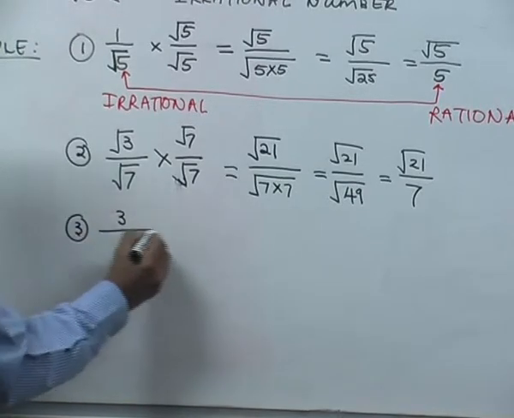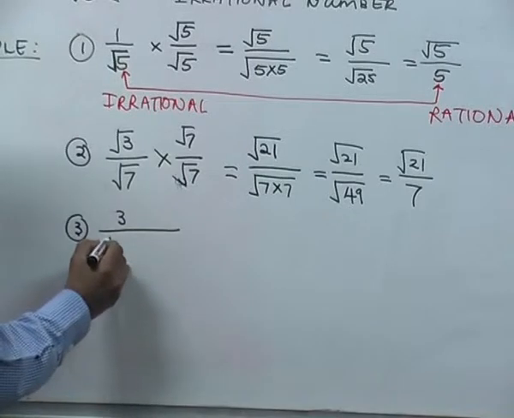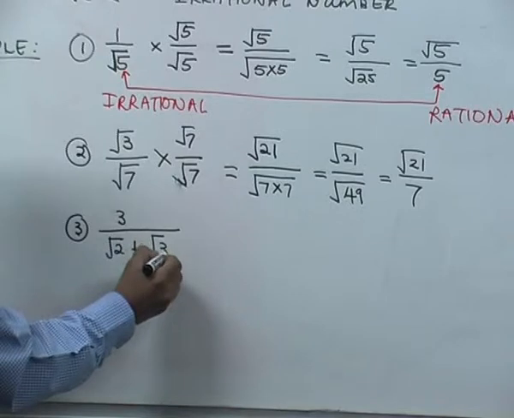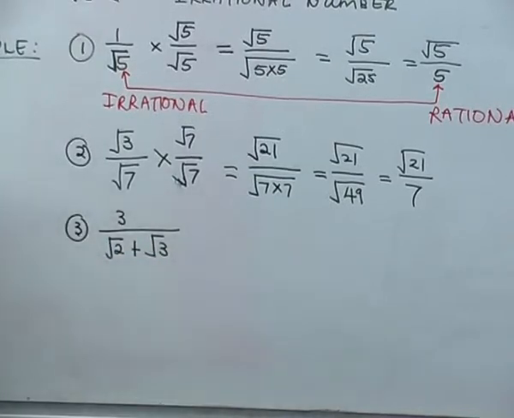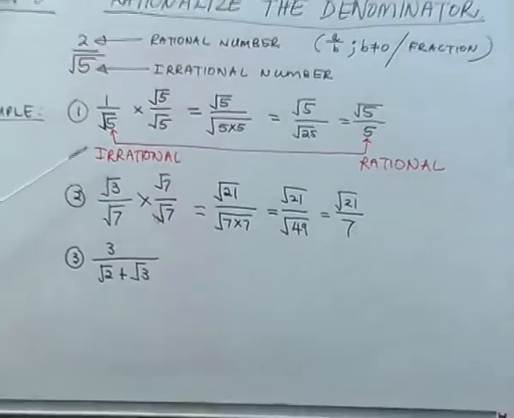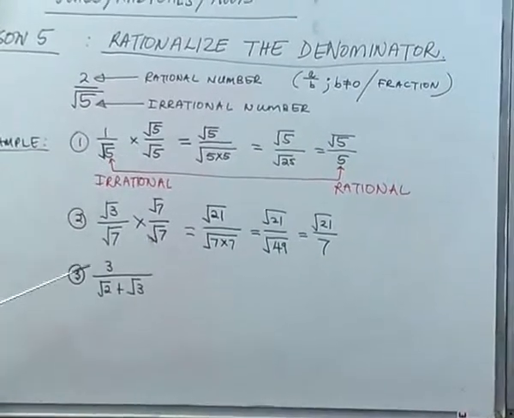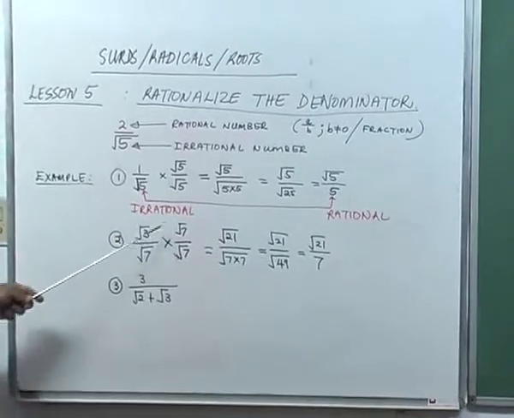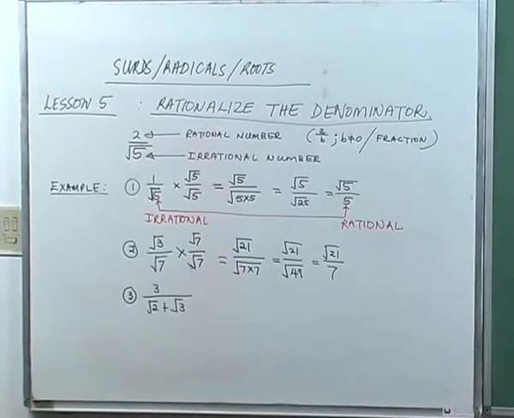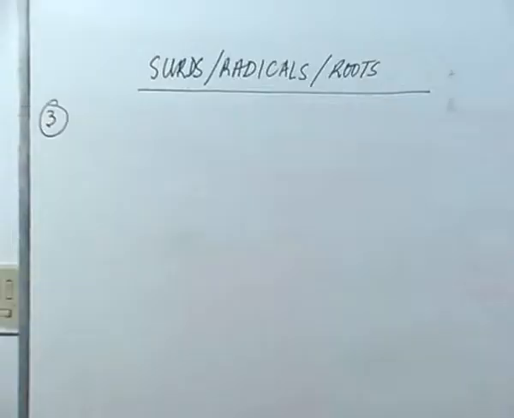3 over square root of 2 plus square root of 3. Alright, let me start this on a fresh page because it needs more space. I'll do this on a fresh page as we need much more place.